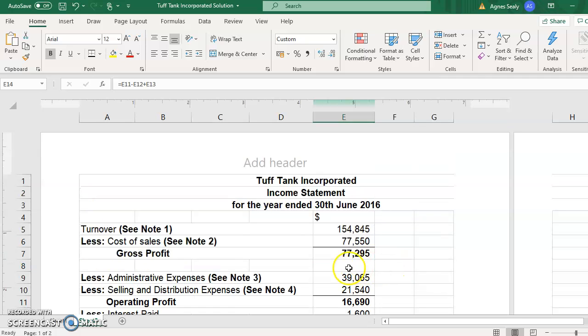This format is suitable for publishing, and sometime in the future, we will look at preparing the statement of financial position for this question, and we may look at a statement of changes in equity for a completely different question, where you can see my demonstration of how to prepare that statement of changes in equity using the format that we usually teach.